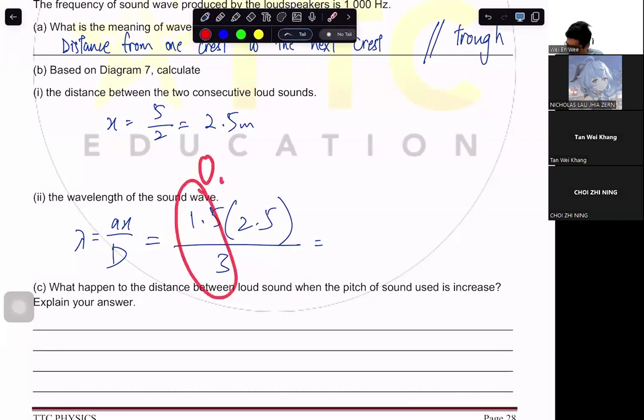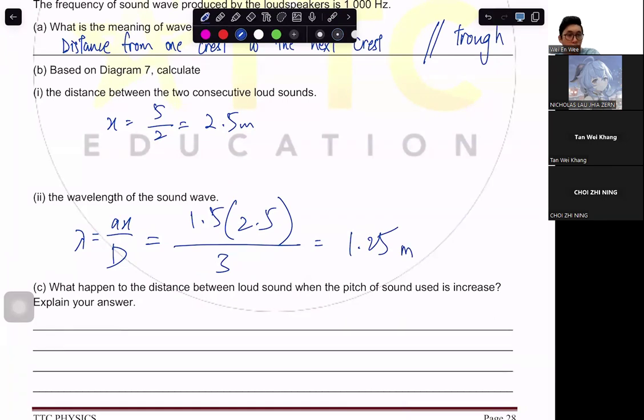This divided by this 0.5, so it should be 1.25, if I'm not wrong. 1.25, and it's meters. First is a length, right? It's a length.